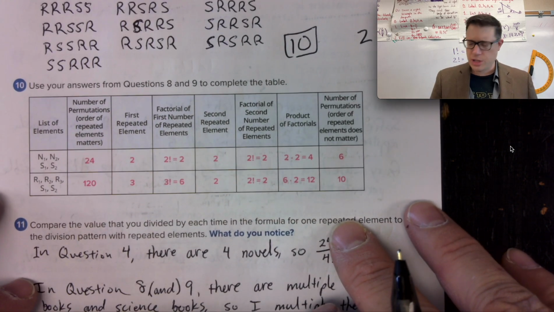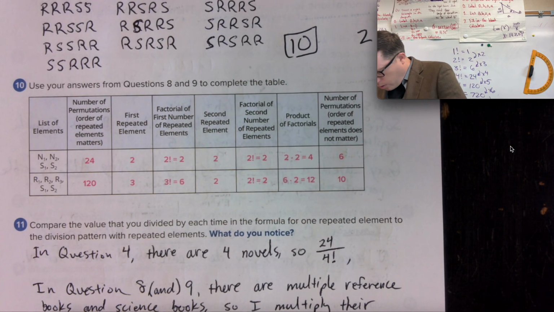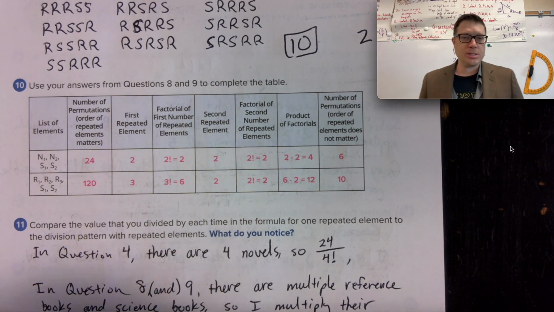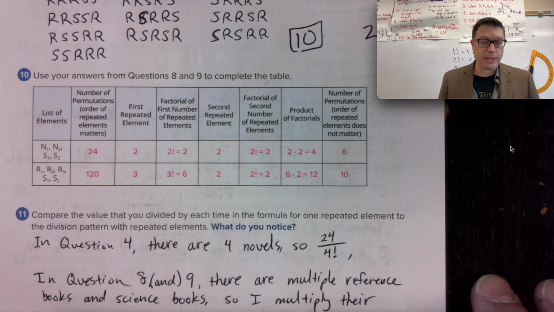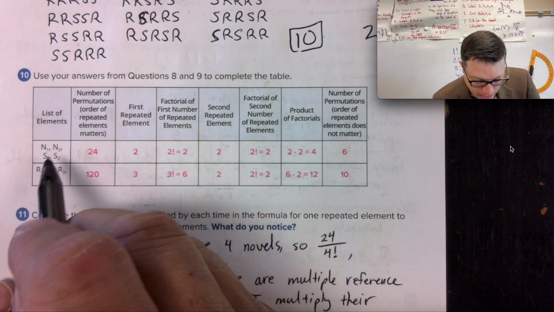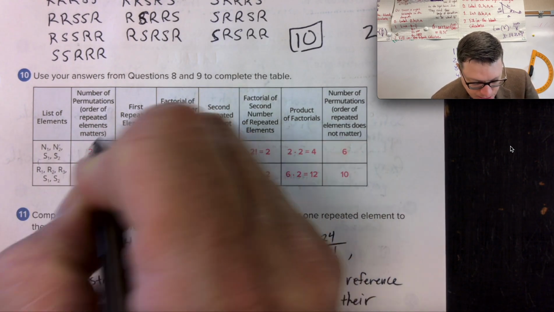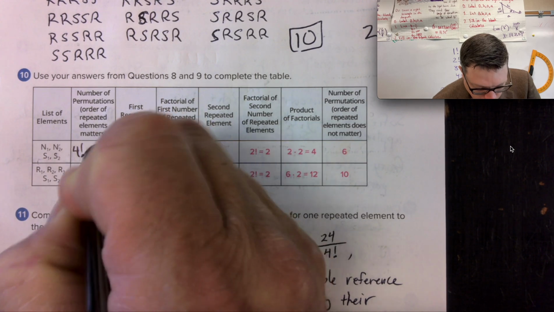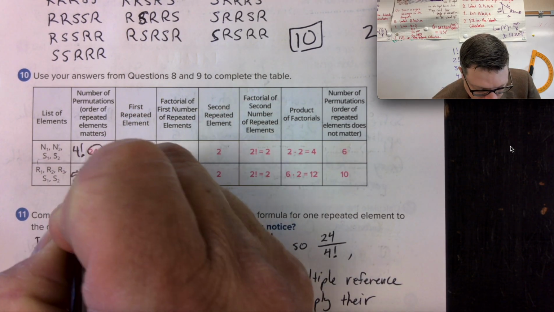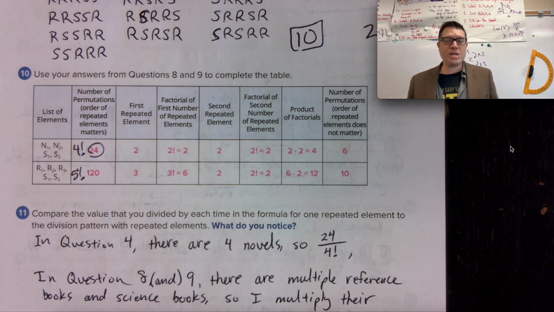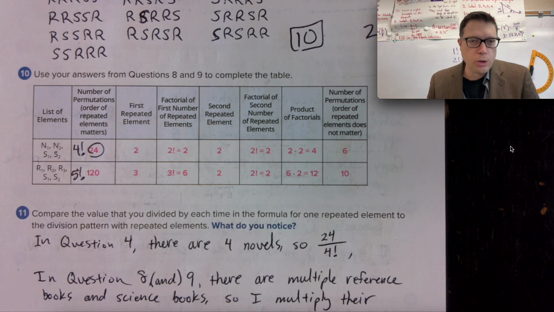Let's use our answers from questions 8 and 9 to complete the table. What question do we have here? How did you determine the number of permutations when the order of repeated elements matters? What pattern do we notice in the table? The table is already fully complete. In the 4 situation, this is 4 factorial, and this one is 5 factorial. So the number of permutations is still based upon the factorial process.